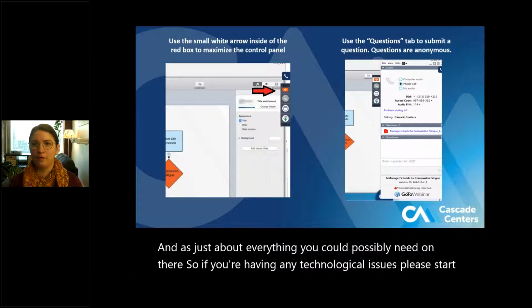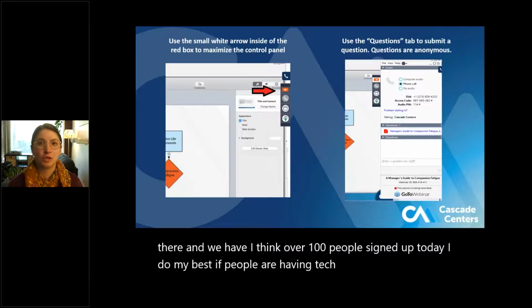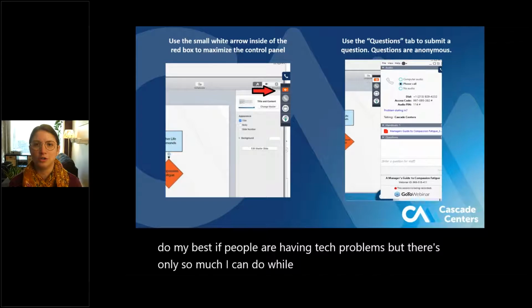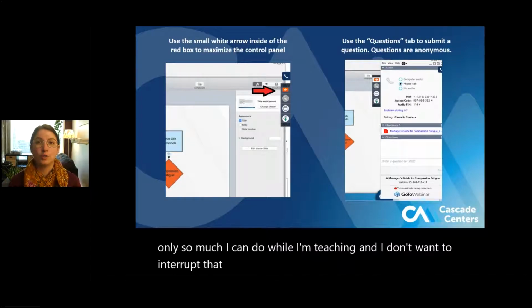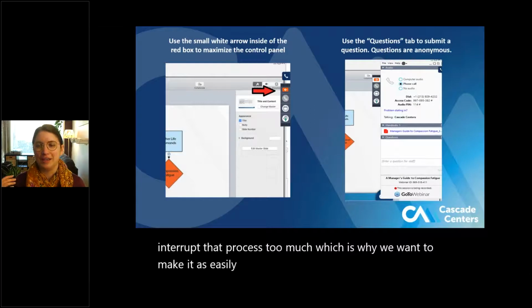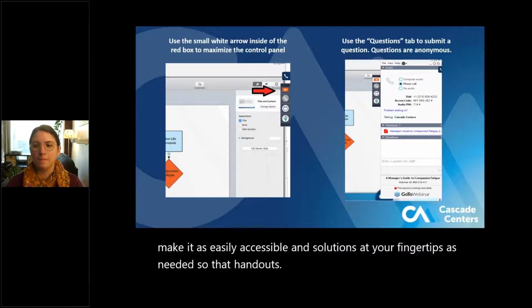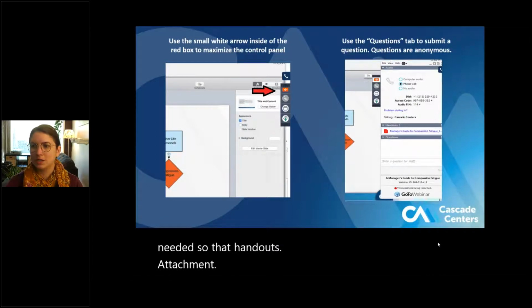We have, I think, over 100 people signed up today. I do my best if people are having tech problems, but there's only so much I can do while I'm teaching, and I don't want to interrupt that process too much, which is why we want to make solutions easily accessible at your fingertips. Someone just said that they can't hear anything.